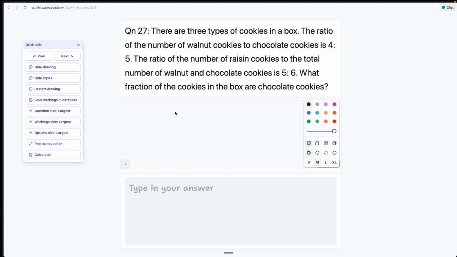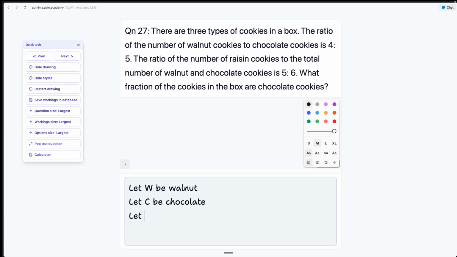All right, so over here we know, let W be walnut, let C be chocolate, and let R be raisins. So we know over here that walnut is to chocolate is 4 is to 5.